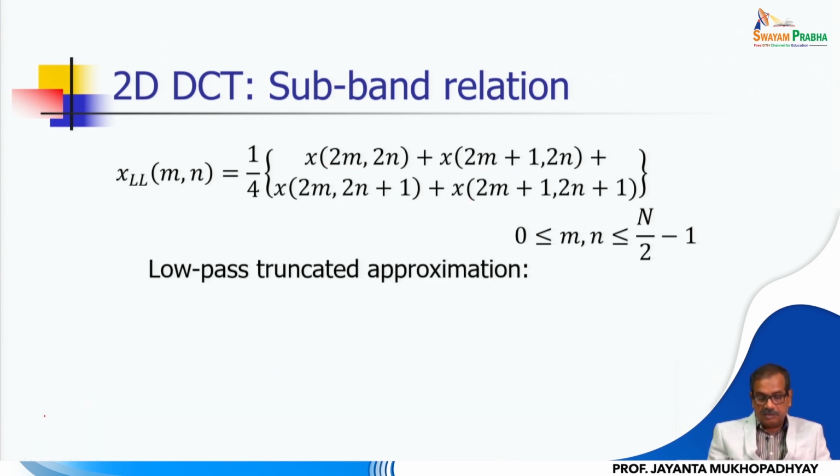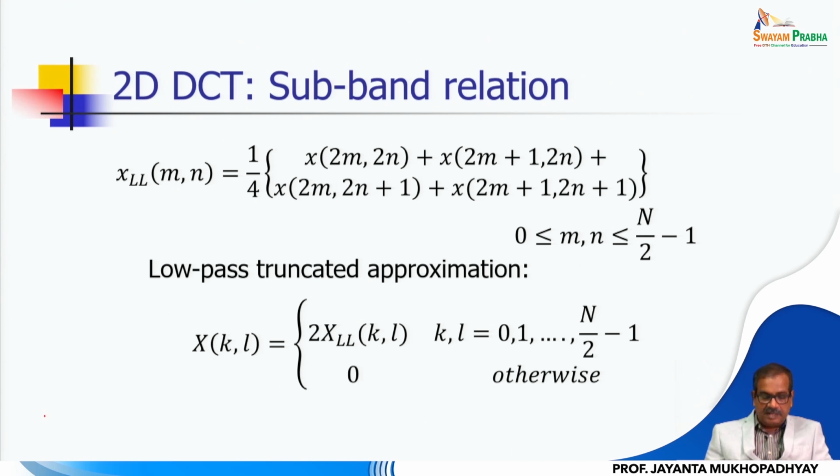One of the approximations we can use relates the coefficients of the higher resolution image to the lower resolution. Here the size factor is 2 in both dimensions. That is the higher resolution. So there we have this relationship.